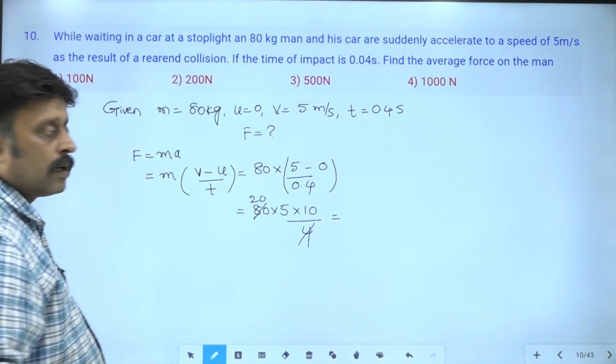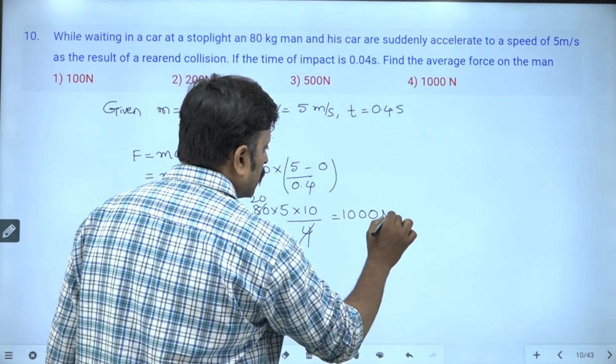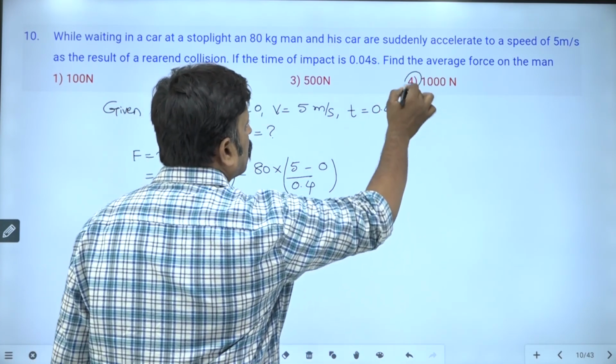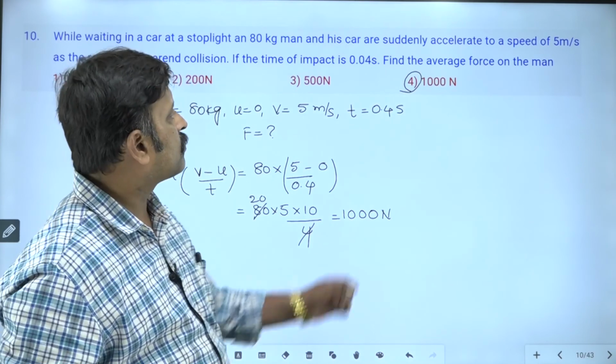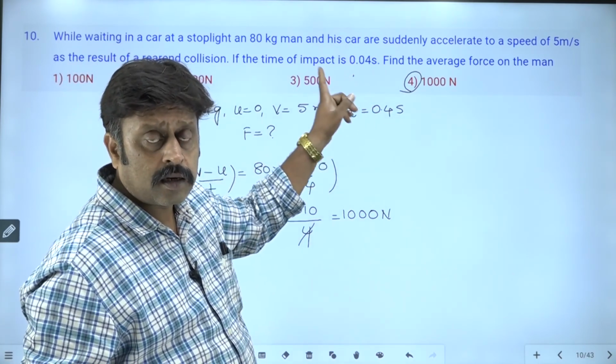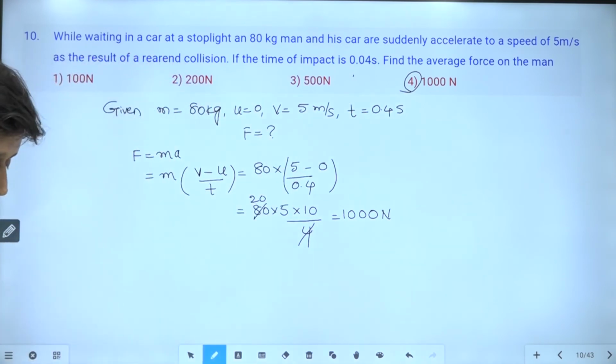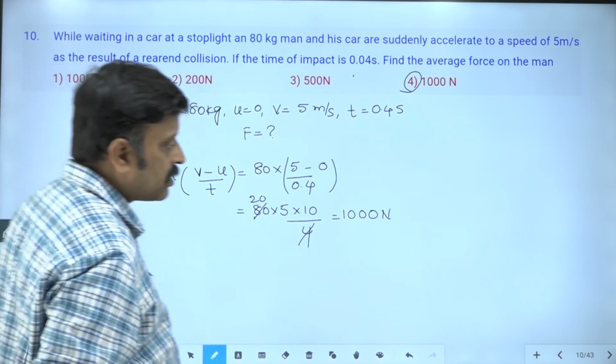Now it will be clear. You are getting 1000 newtons as the answer. The fourth option is correct. Just make the small adjustment there: time is 0.4, not 0.04. Then we can move to the next question.